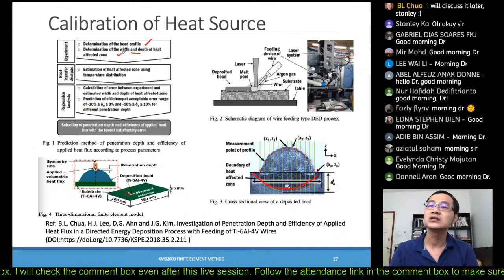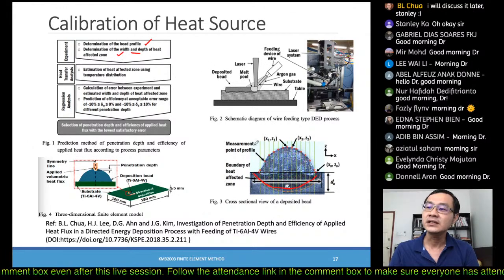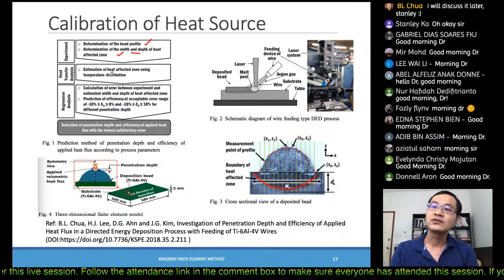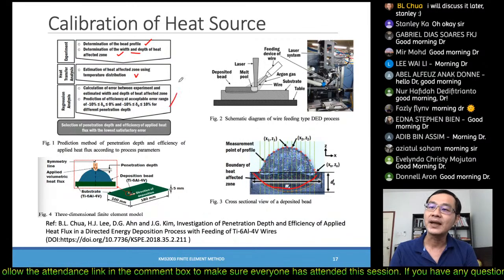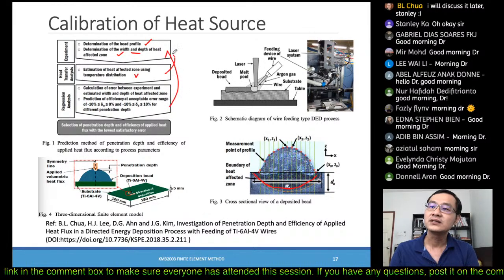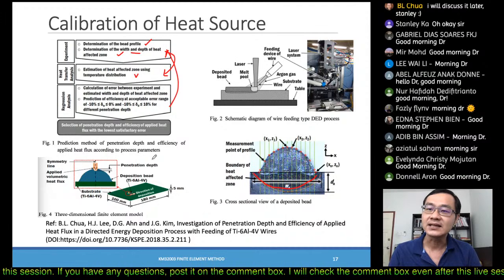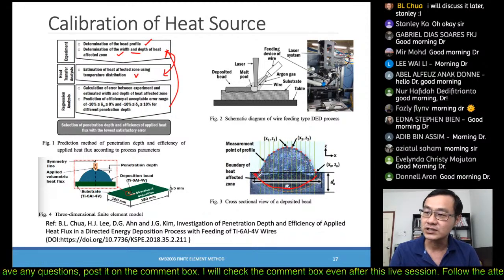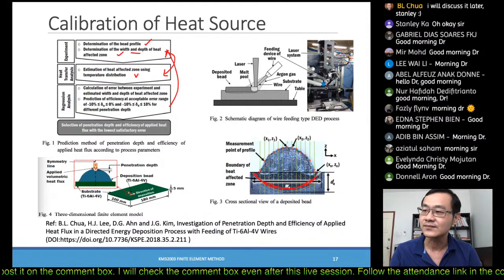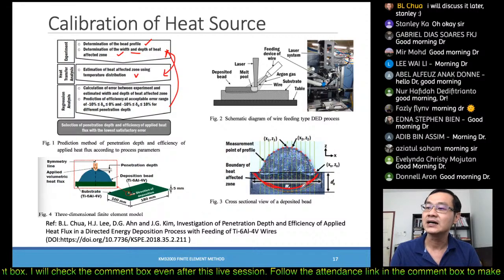So what we did here, we did the experiment, then we ran the analysis and compared the two. By comparing these two, we would find what is the actual setting that gives us the closest match.